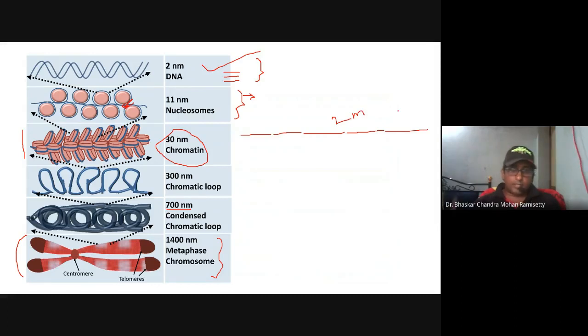And you're compacting 2 meters of DNA into a nucleus of something like 15 micrometers. Imagine 2 meters of DNA being compacted into something that is invisible. That is the engineering that evolution has come up with.